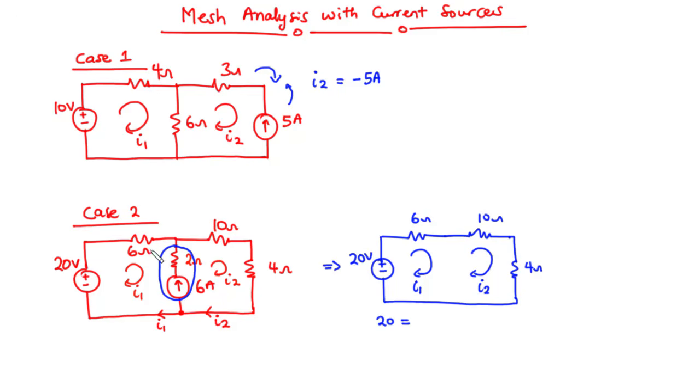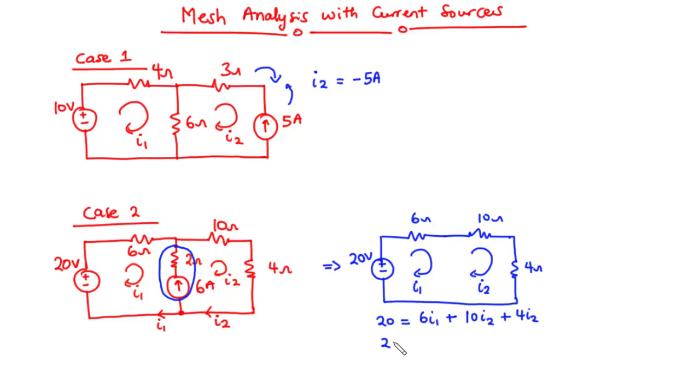Now if you consider the first diagram, you realize that we have I1 flowing through the 6 ohms, so that's equal to 6 I1 plus, considering the second mesh, we have I2 flowing through 10 ohms as well as 4 ohms, so plus 10 I2 plus 4 I2.